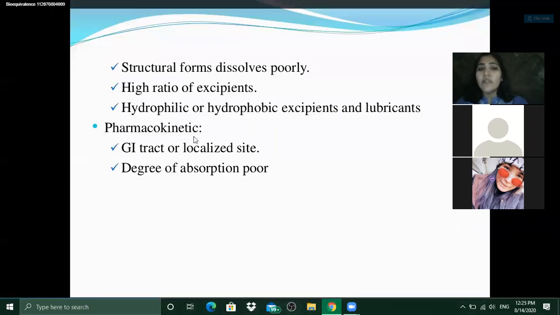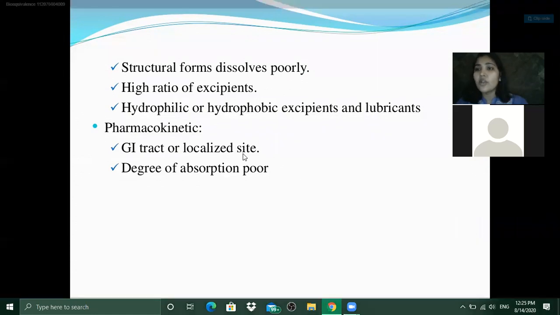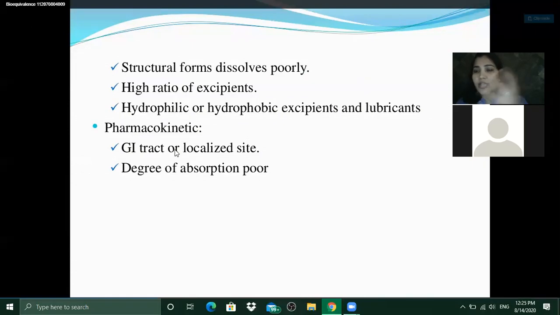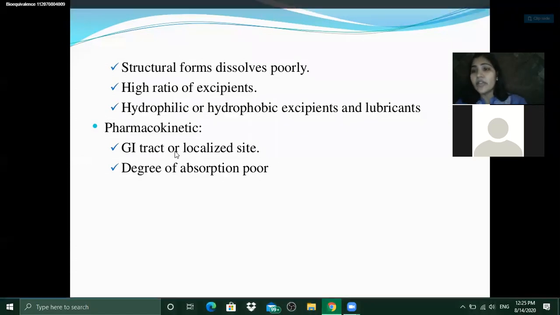Then in pharmacokinetics also, the GI tract or localized sites and degree of absorption can be poor. If there are some defects in the GI tract or localized site where the drug is going to be absorbed, and the drug is not working properly, then you will modify the formulation and come up with a different formulation which can help you tackle these problems.